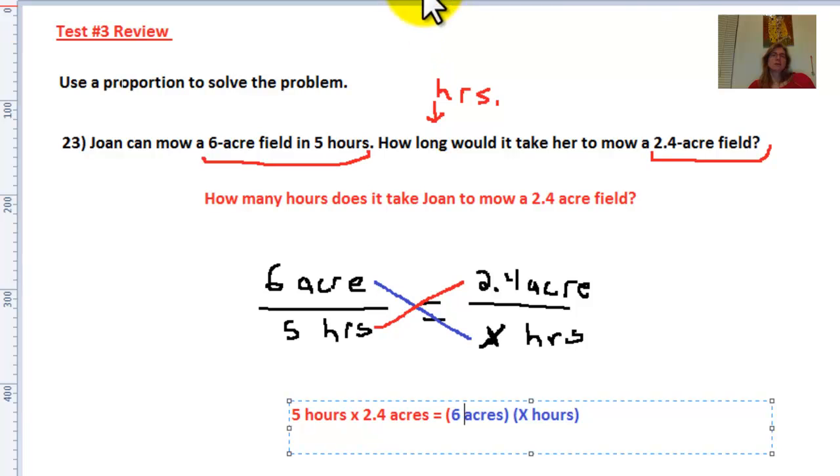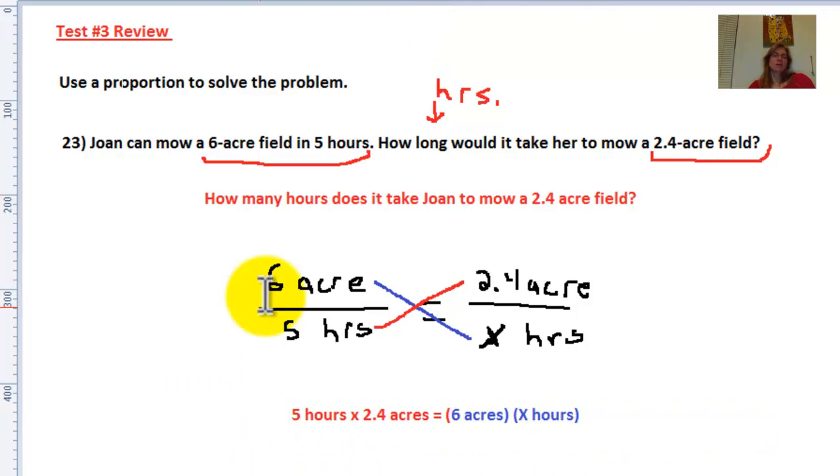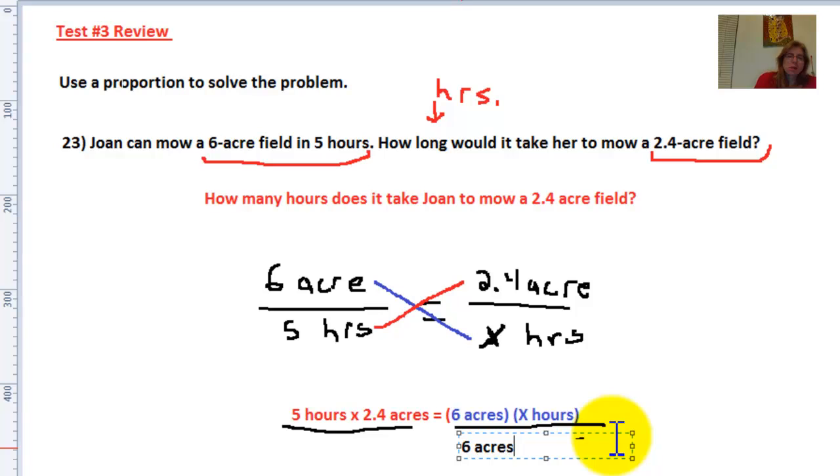we can then divide to isolate our X, or to create a problem that's equal just to X. So we're going to divide on both sides of the equation by the 6 acres.